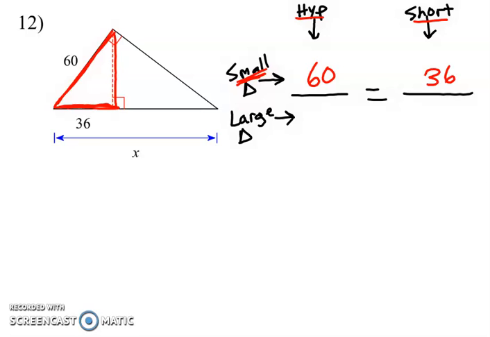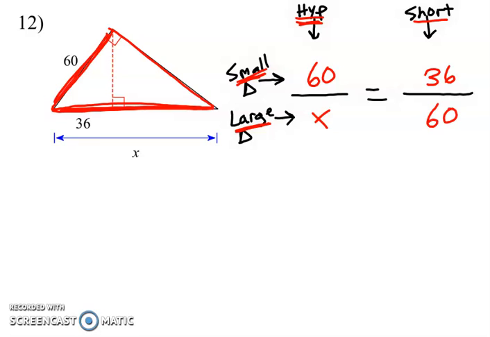Now I can fill out my denominators, which are based off of the large triangle. The large triangle hypotenuse is this entire length, which we're calling x. That's the missing value that we're trying to find. And the large triangle short side is going to be 60, so that goes down here.